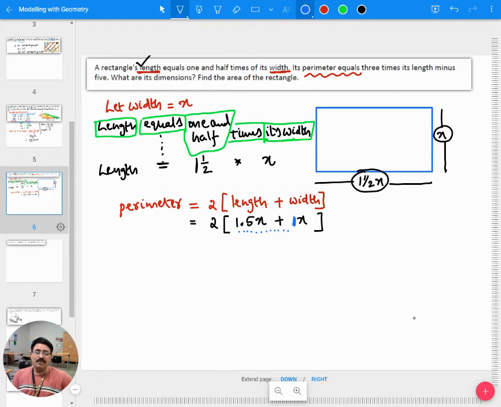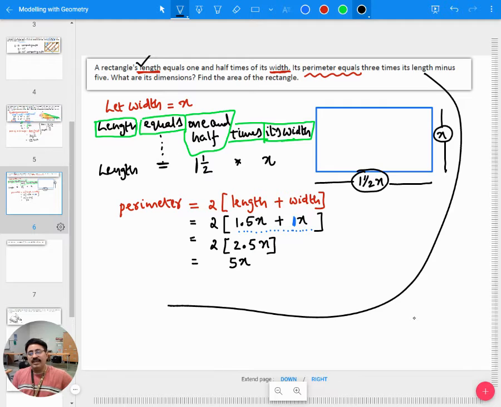Let me simplify what is inside the parentheses. 1.5x plus 1x gives me 2.5x. Therefore, 2 times 2.5x, you can take a calculator to compute 2 times 2.5, that gives you 5x. That's the perimeter.